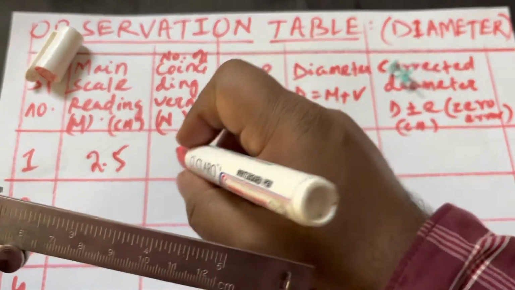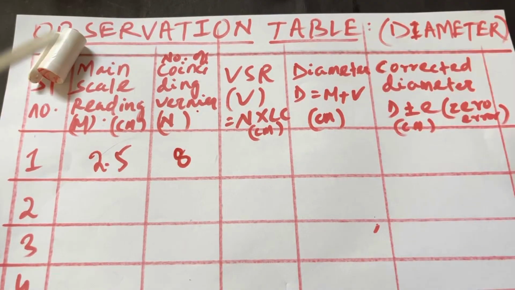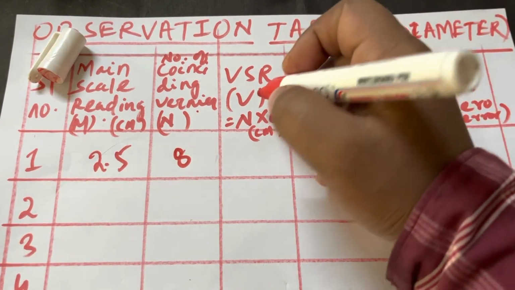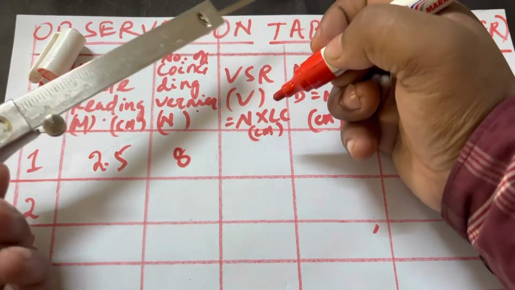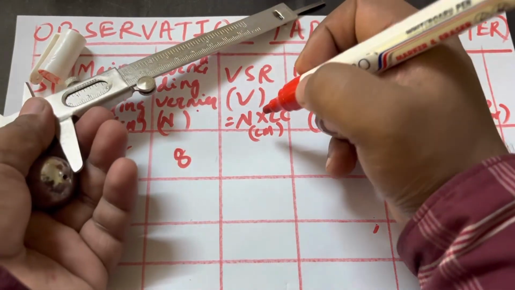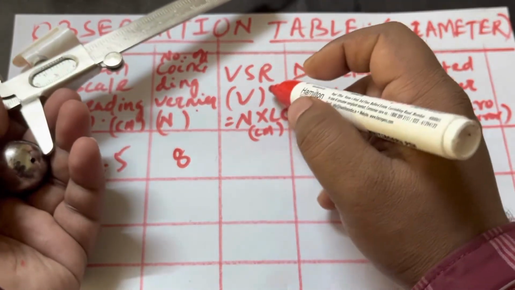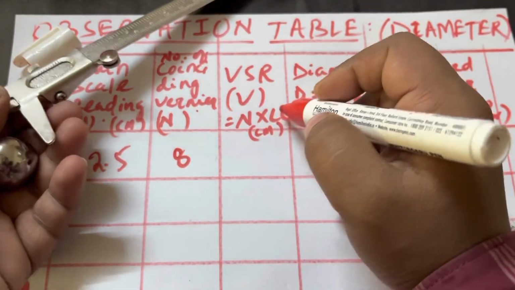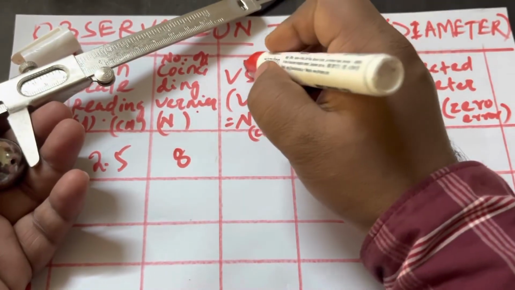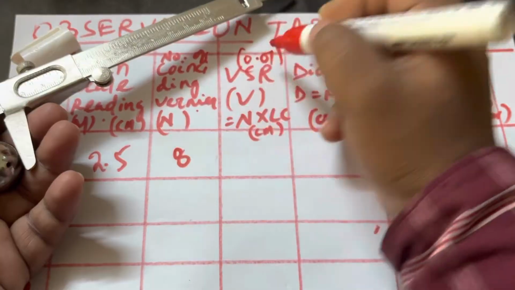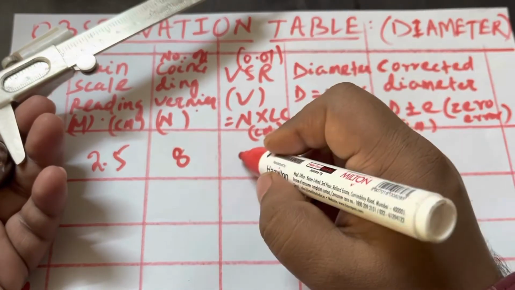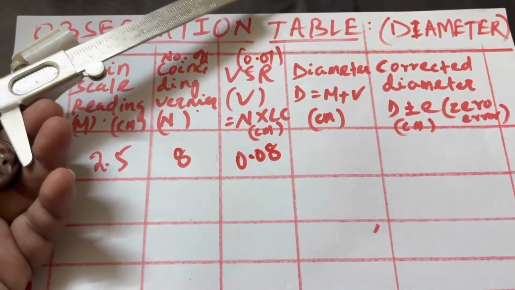So we'll write this is 8. The line which is coinciding, you will write 8. Now this is the Vernier scale reading, that will give you LC into N. So LC is our 0.01, we have already found out. So 8 into 0.01, this will be 0.08.